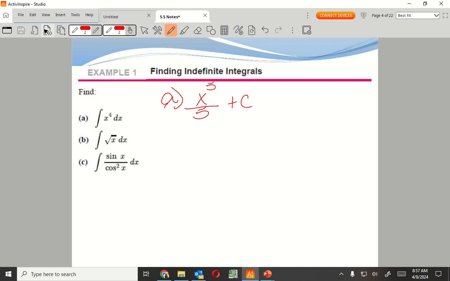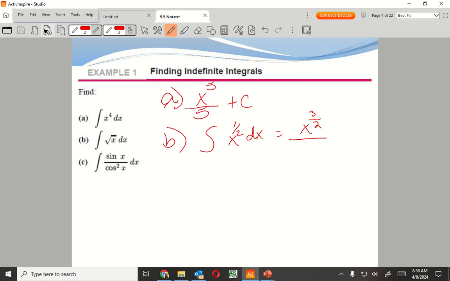All right, let's look at B. If I rewrite that, I'm taking the integral of x to the 1/2 dx. I need to add 1, right? So it's going to become 3/2. So x to the 3/2, and then I have to divide by 3/2.